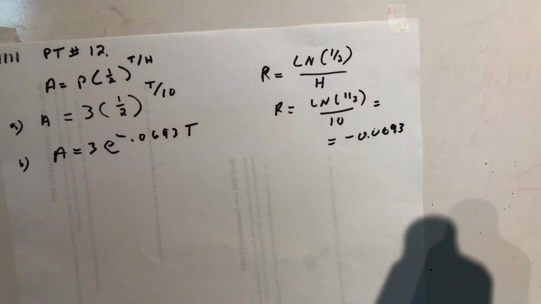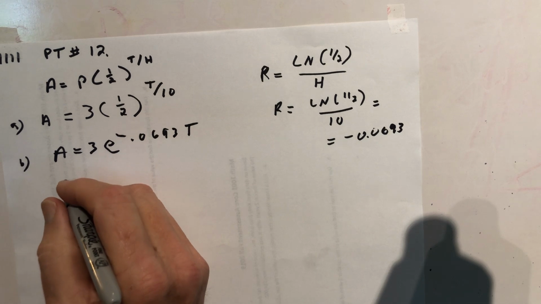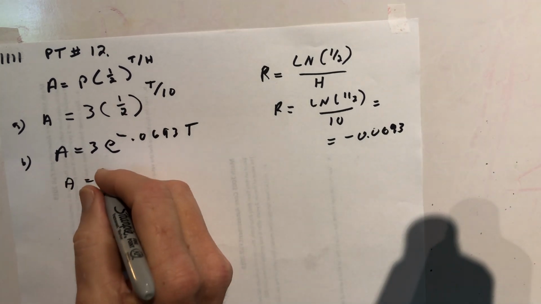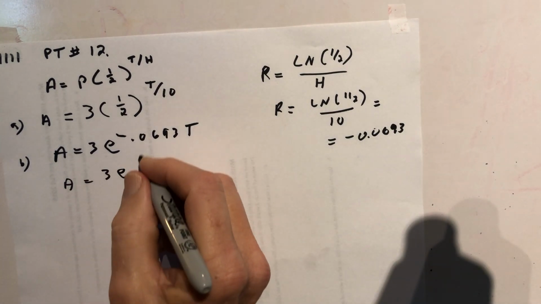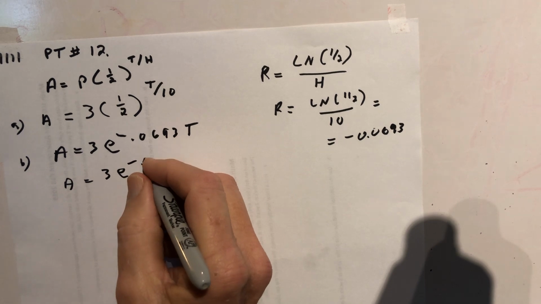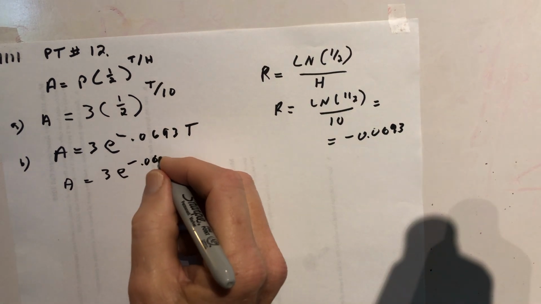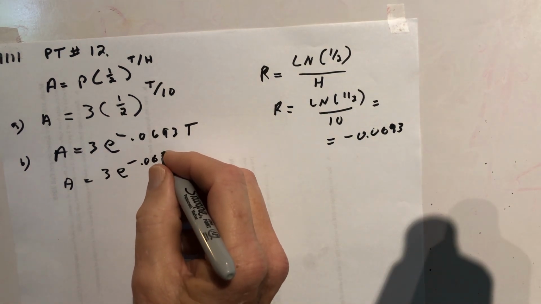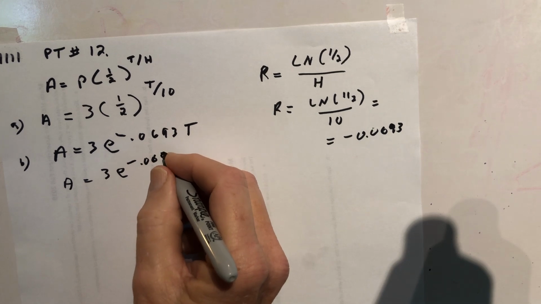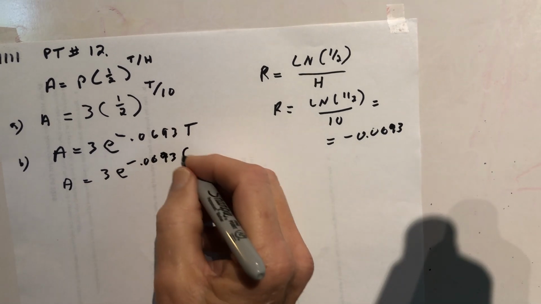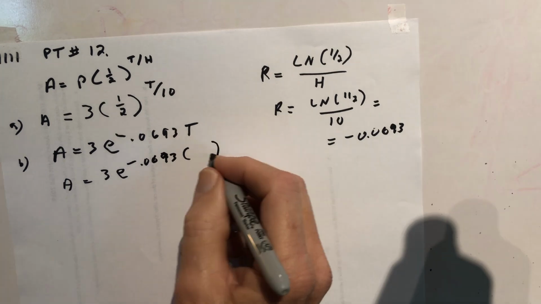Part C. Let me find it again. Here we are. How much is left after 1 minute? So we're starting with 3. They're decreasing at 0.0693. But we know the time is 60 seconds.